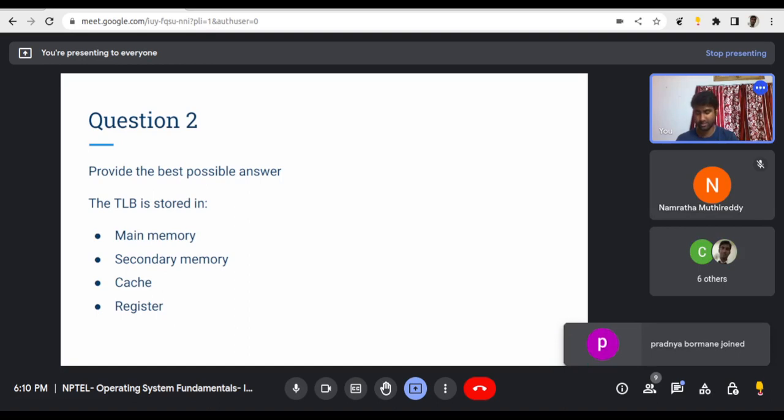I'm waiting for answers. So where is the translation look aside buffer stored in?